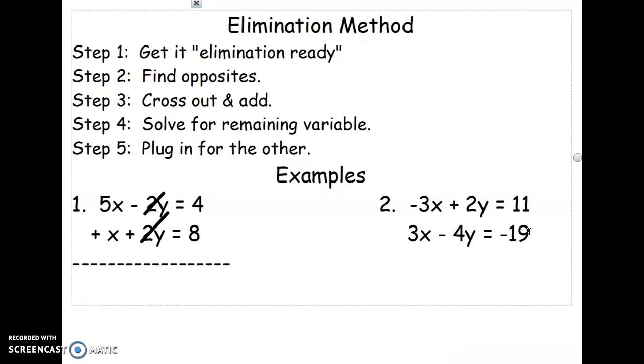Okay, so on this side of my equal sign, all I have left is 5x and x. I'm going to add those together. 5x plus 1 more x gives me how many x's? It gives me 6x. On the other side of my equal sign, I have 4 plus 8, which gives me 12.